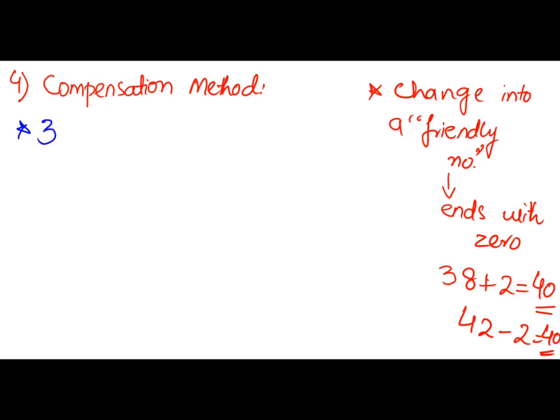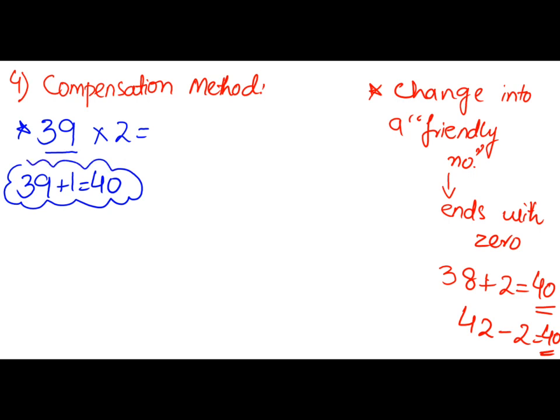For example, the problem is 39 multiplied by 2. Now I'm going to use the compensation method. Here you can see that this is 39. This 39 can be changed into a friendly number. So what I will do is add plus 1 here to make it 40.